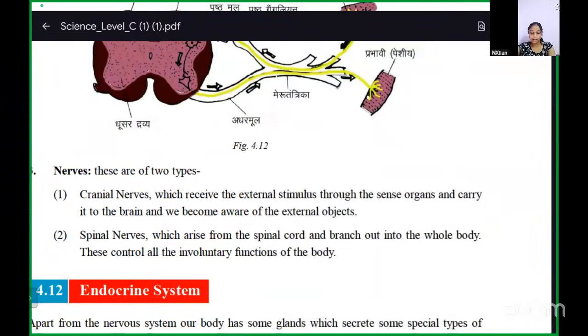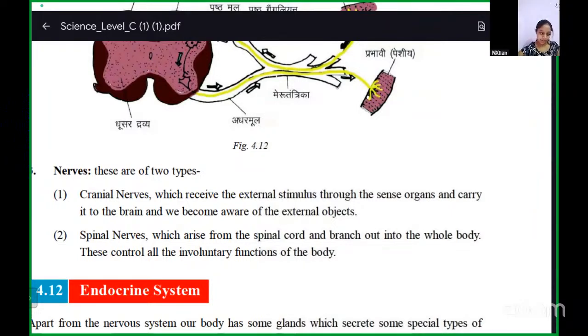The cranial nerves are the nerves which are responsible to receive external stimulus. What is external stimulus? External stimulus is our response to external objects, what we think when we touch an external object, like when I take a book in my hand.